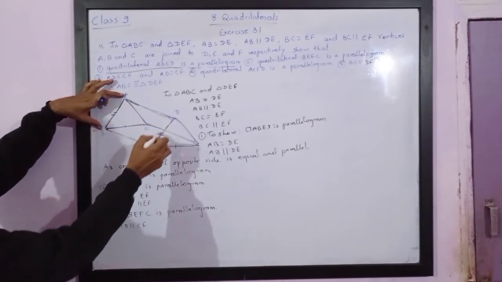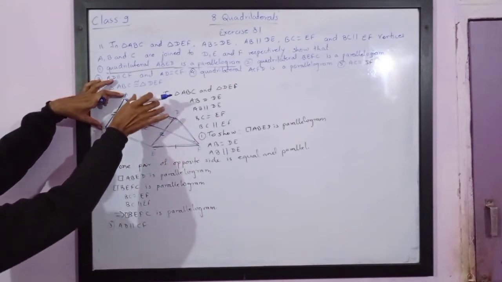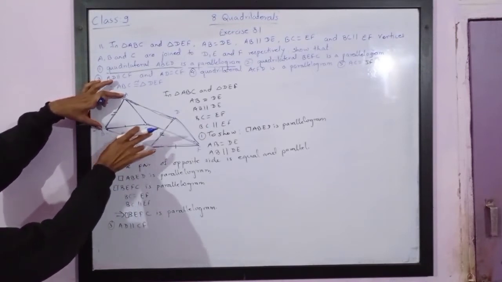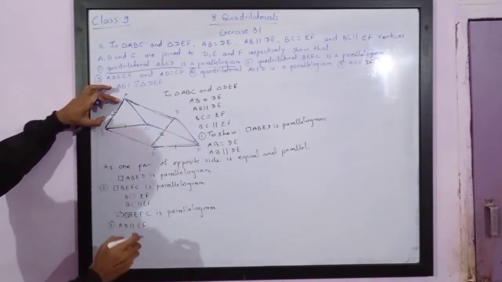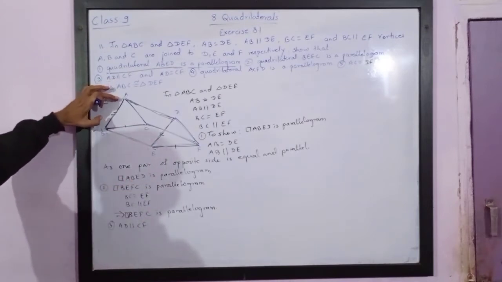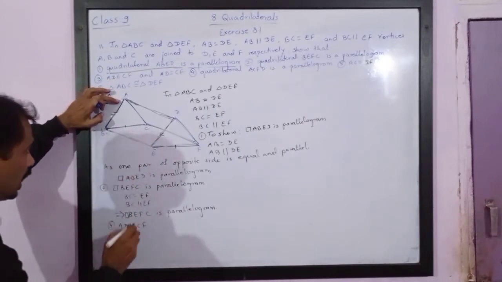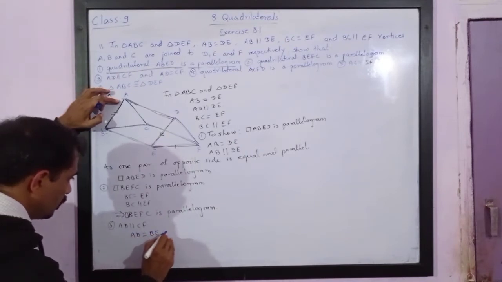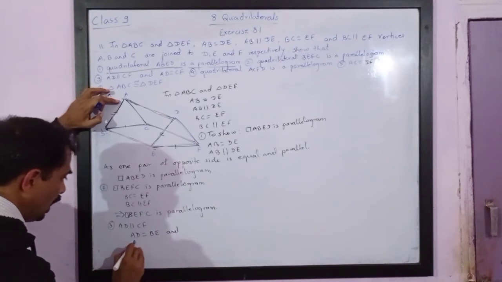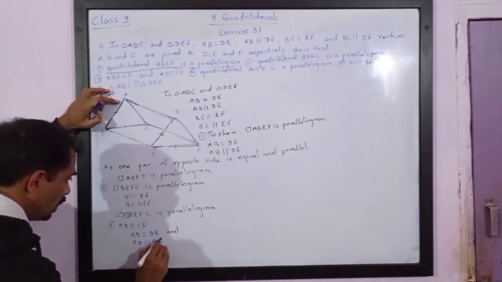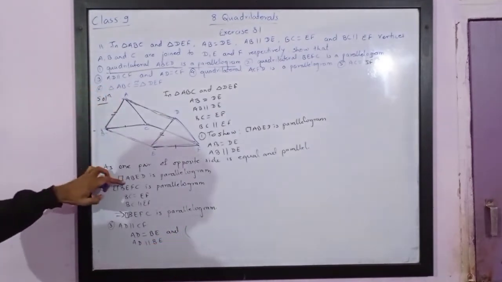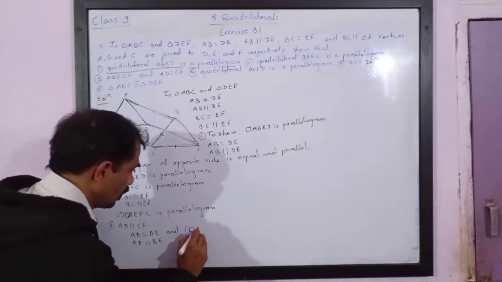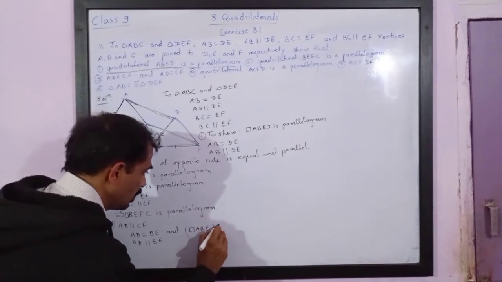So if ABED is a parallelogram, it means AD equals BE, and AD is parallel to BE. Reason is quadrilateral ABED is a parallelogram.